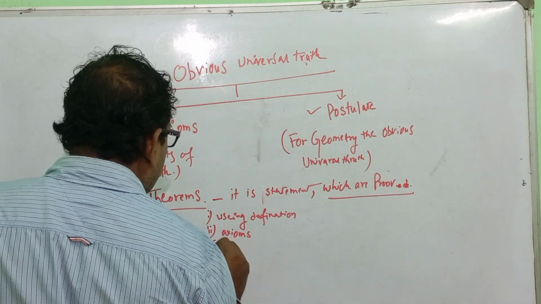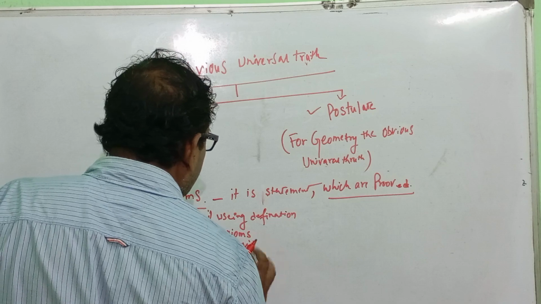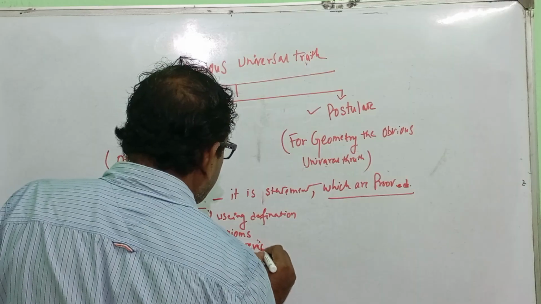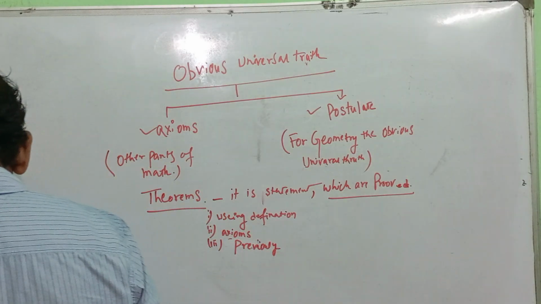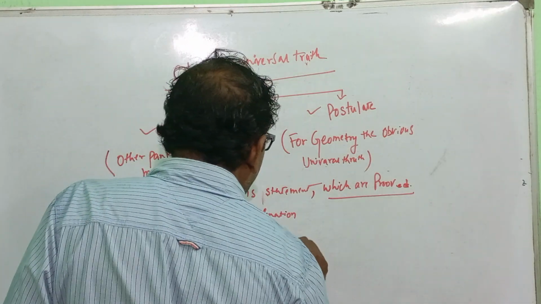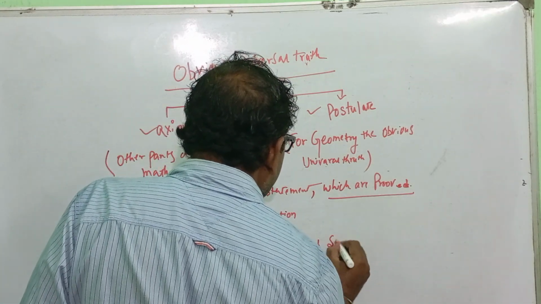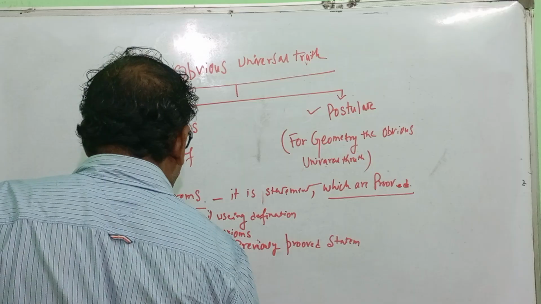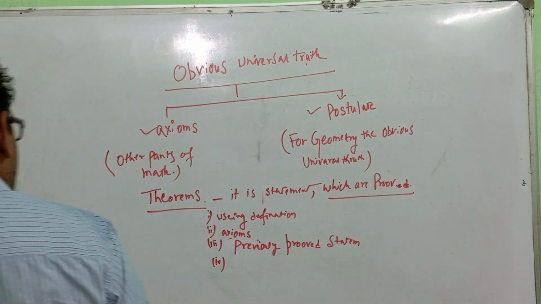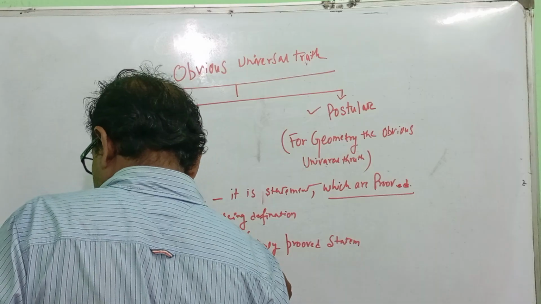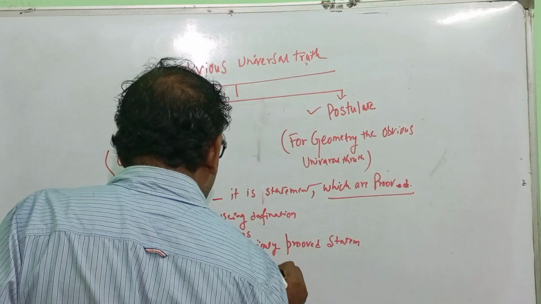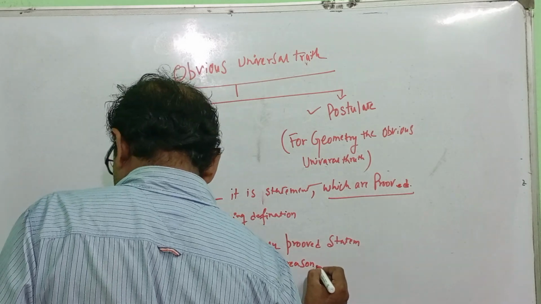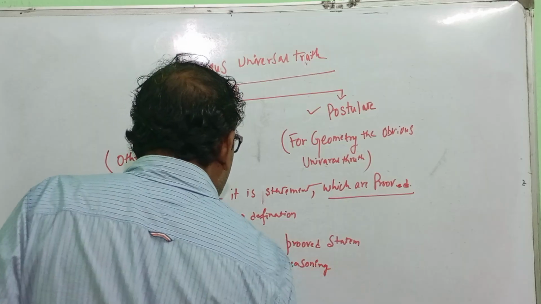Number 3, using previously proved statements. Number 4, deductive reasoning.